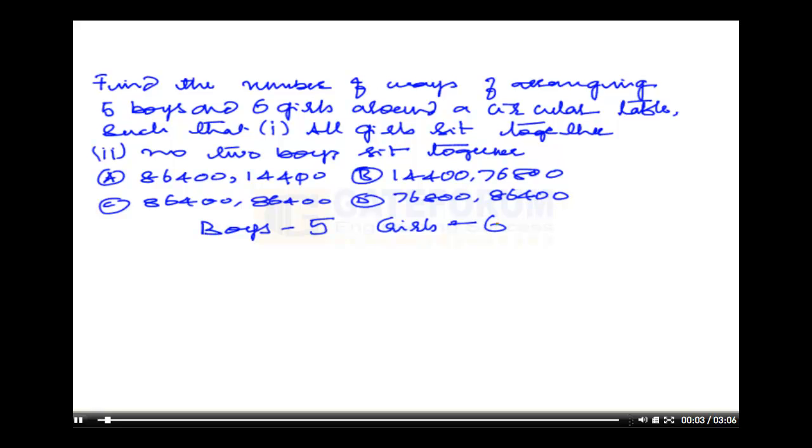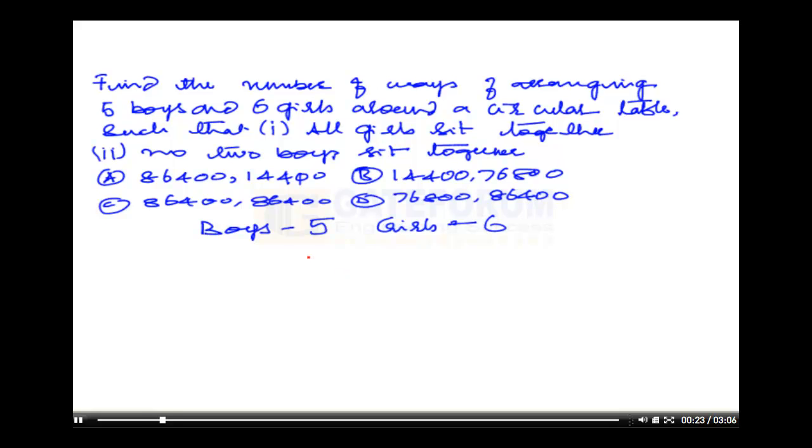We are given totally 5 boys and 6 girls who have to be arranged along a circular table. In the first case, all the girls have to be seated together. It means the 6 girls are taken as 1 and the remaining 5 boys as 5.